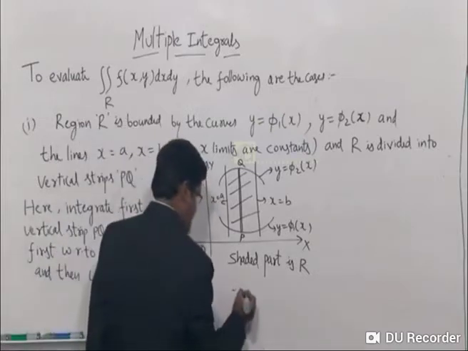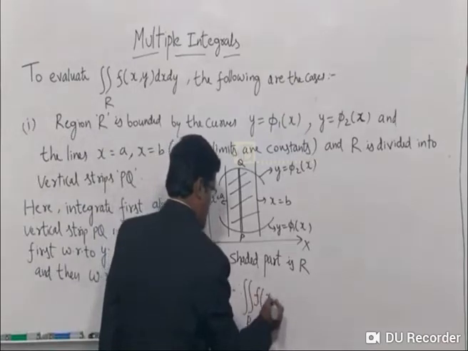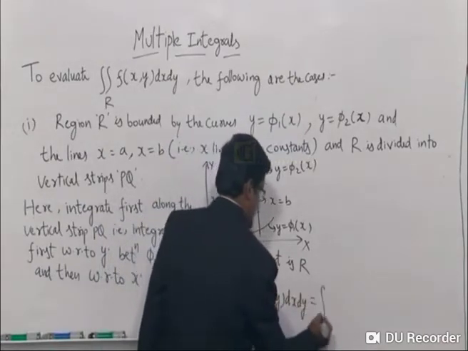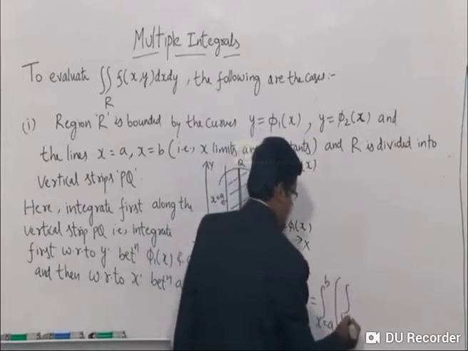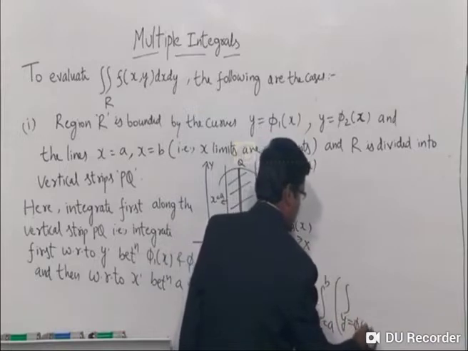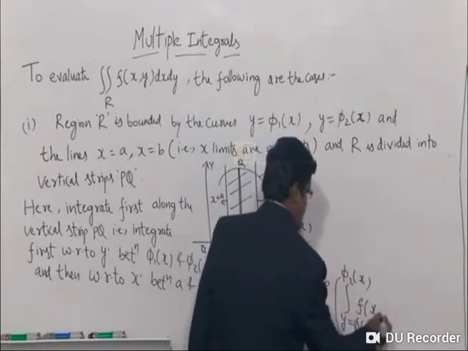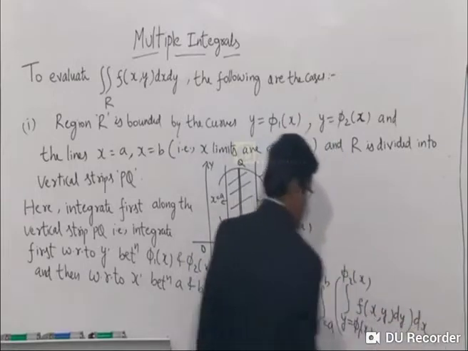So therefore the double integral over R of f of x comma y dx dy is equal to the integral from x is equal to a to b, keeping the y integration inside, y is equal to phi 1 of x to phi 2 of x, f of x comma y dy and then dx.